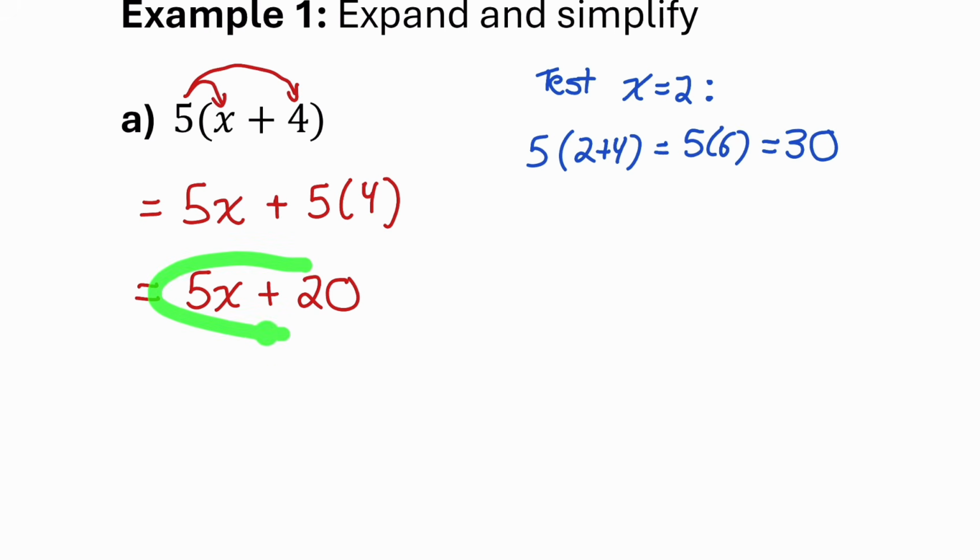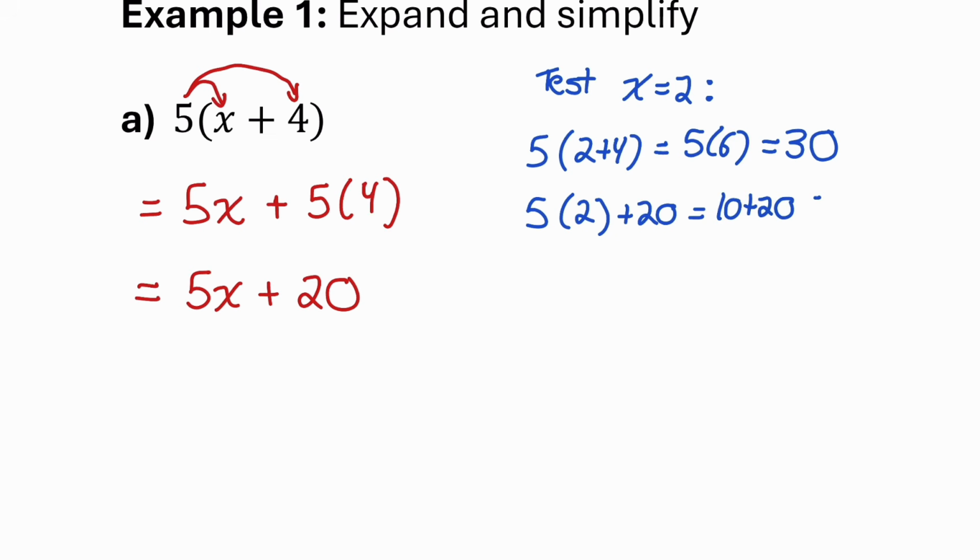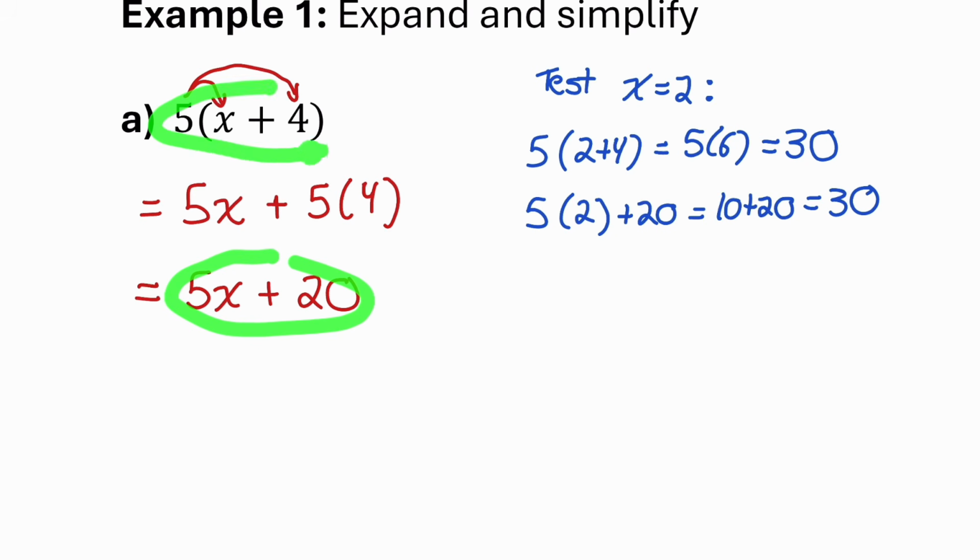But if I sub it into the bottom expression, I would have 5 times 2 plus 20, which is 10 plus 20, which again is 30. Notice because this expression is equal to the original one, they're going to result in the exact same value. If they didn't, we would know we did something wrong.